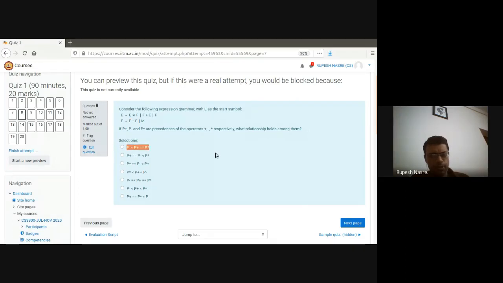So plus and star should have the same precedence, and minus has, oh sorry, minus has the higher precedence. So it should be which one? This one, right? So minus has the higher precedence over plus and star, which have the same precedence. Okay, anybody got any other comments on this one?